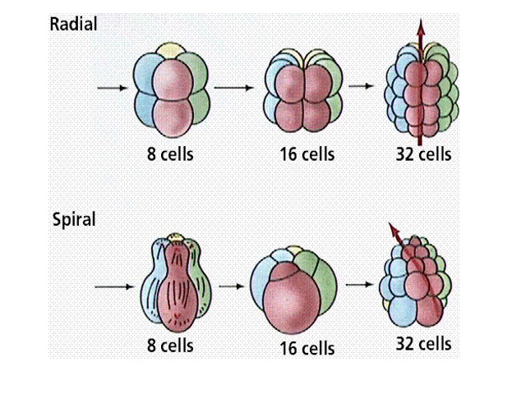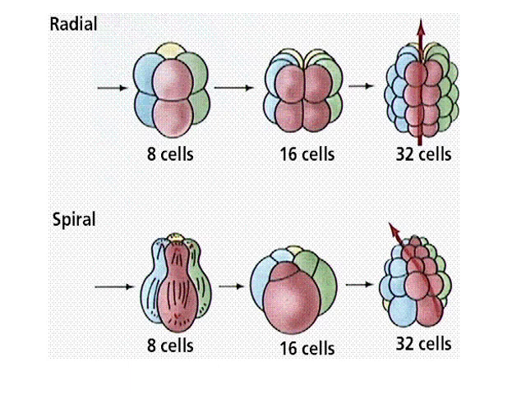Here is a division. Here you see radial division and spiral division. I just shared this diagram for comparison. In spiral cleavage, you see 8 cells, then 16 cells, then 32 cells, and here is an angle. If you consider the radial, then 8 cells, 16 cells, and the upper tier is just above the lower tier.